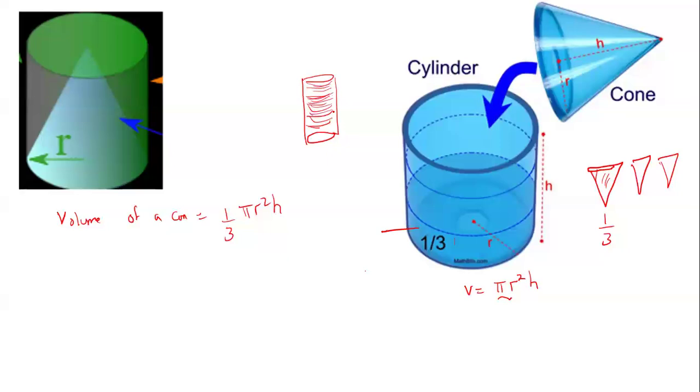We are looking at only this part I've shaded, without the bottom part. You just look at that round part. That's what we call the lateral surface area, or sometimes the curved surface area.